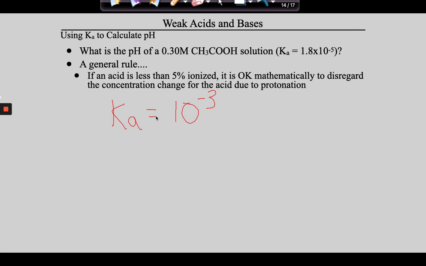If you're solving for pH for a weak acid, and if the Ka is 10 to the negative third, you have to use the quadratic. If it's anything smaller than that, 10 to the negative fourth, which we verified with the formic acid question, and anything smaller than that, you're okay to drop the X. So if it's 10 to the negative third or greater, you can't. If it's 10 to the negative fourth or smaller, you can. Oh, if you want to do the quadratic formula?